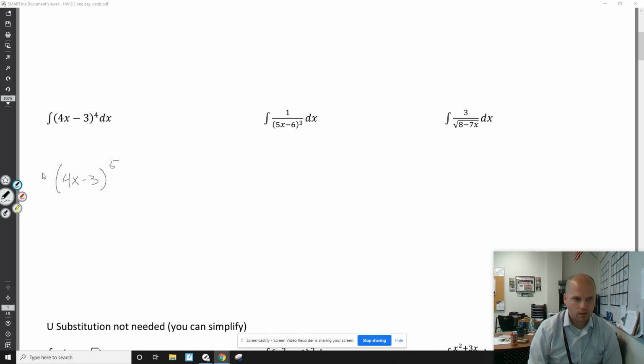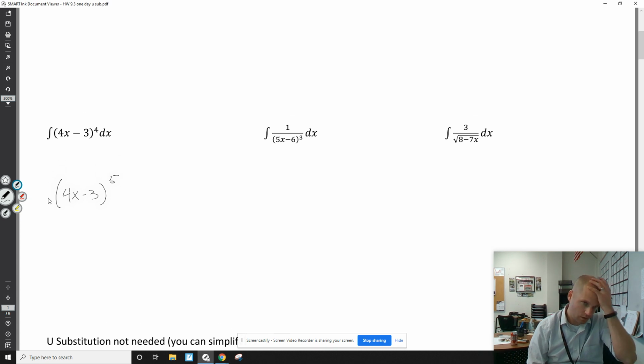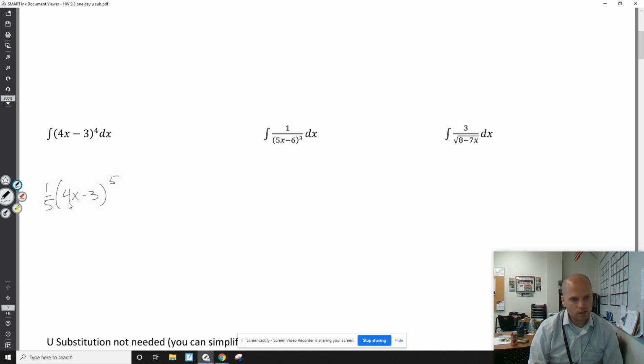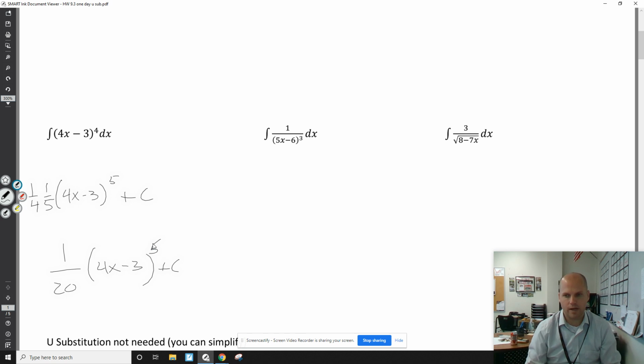Antiderivative of the outside. Okay, well, I have a 1/5 from this. And then undo the inside. The derivative of the inside is going to be 4, so I need a 1/4. If you understand this, you can do a lot of the U-substitution ones we're about to do in your brain.